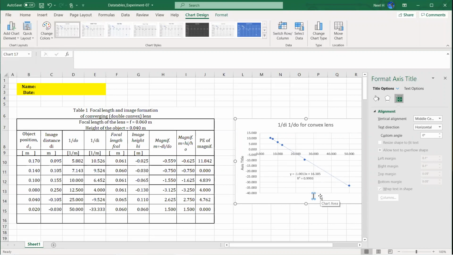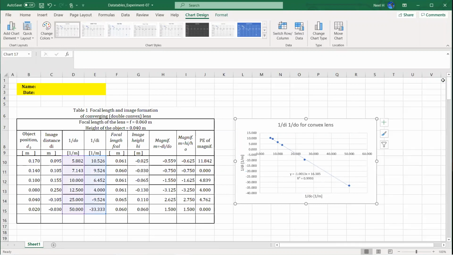Okay, and axis title x: 1 over d0, units 1 over m, axis title y: 1 over di, units 1 over m. Okay. And we know the intercept is 16.385.